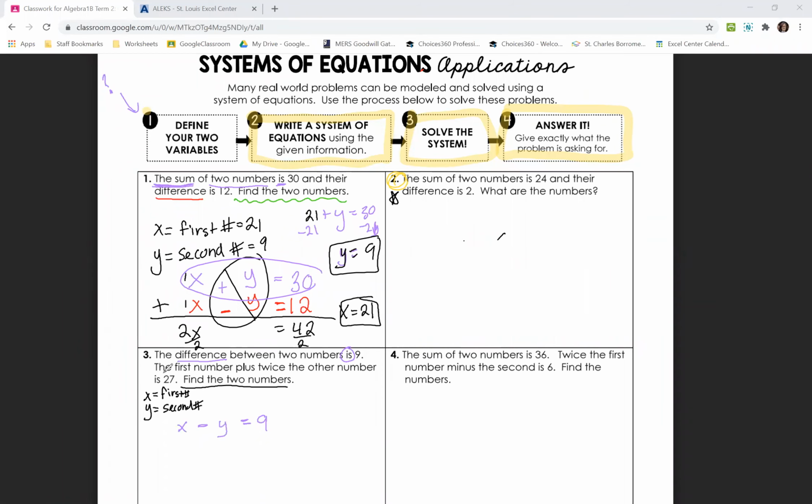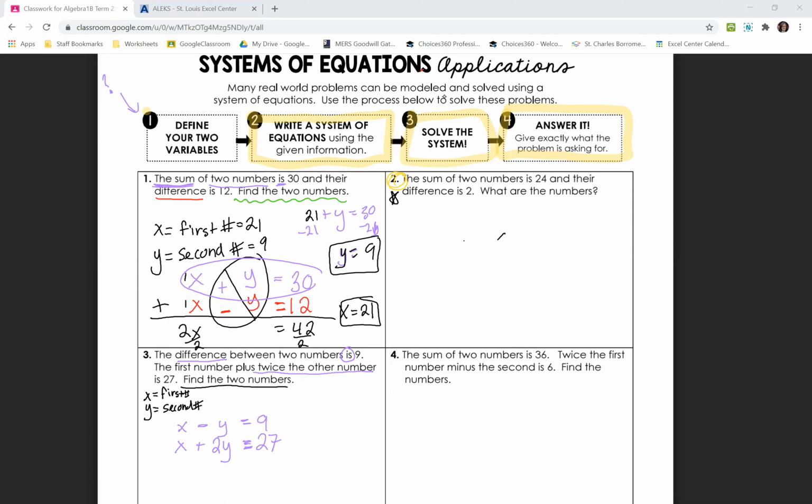Then the first number, x, plus twice the other number. What does twice the other number look like? That looks like 2 times y. 2y is, there's that is again, equal sign, 27. Read through these very carefully and build them one at a time.